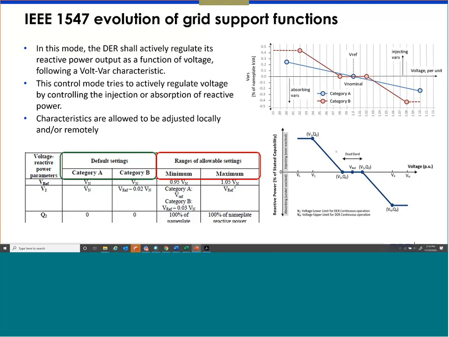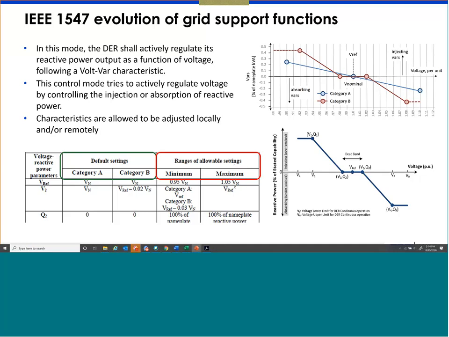But ultimately, as I mentioned before, it's defined as 4 pairs of points, V1, Q1 through V4, Q4, and Vref. And in the table, which is in the main section, you will find two categories of information. First is the default settings, and then another one is the range of allowed settings. So what does that mean?